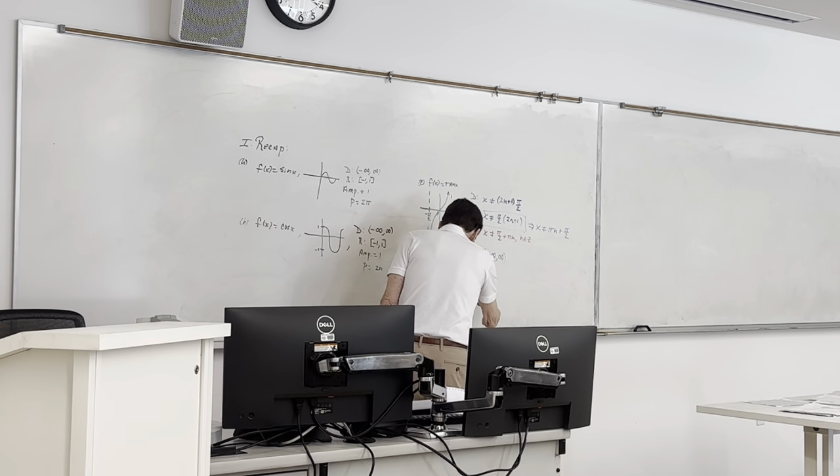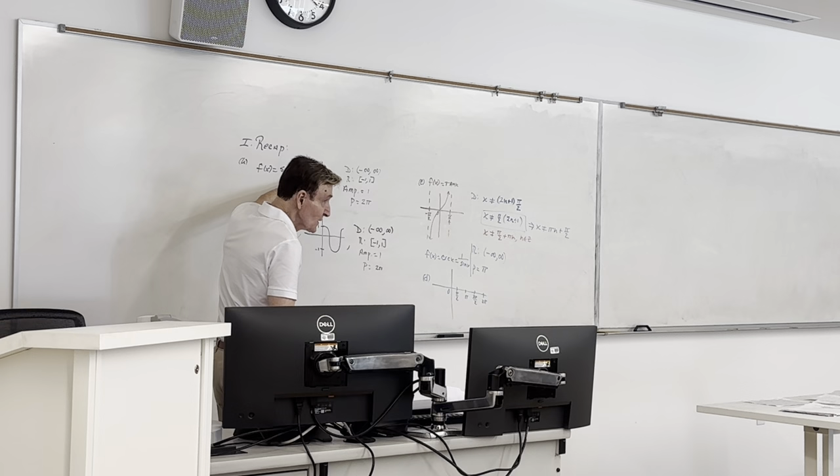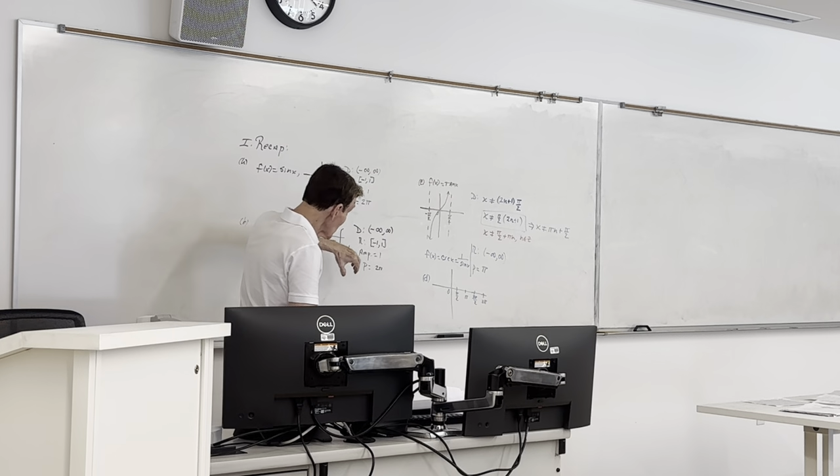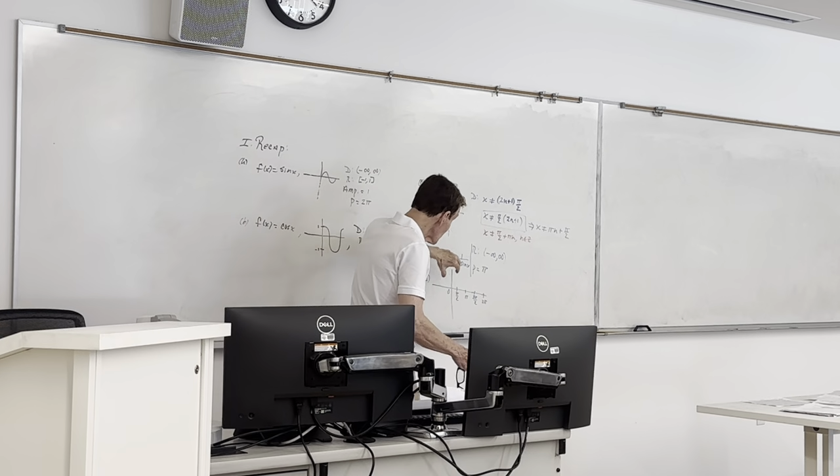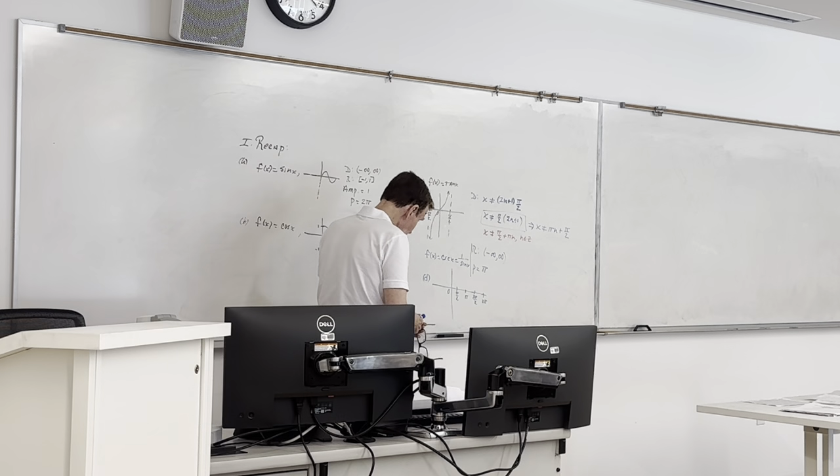Since cosecant is 1 over sine, we took the reciprocal of this and got another graph called cosecant. So I went back to the sine graph, took the reciprocal, and got another graph. Does anyone recall what the graph for cosecant looked like?